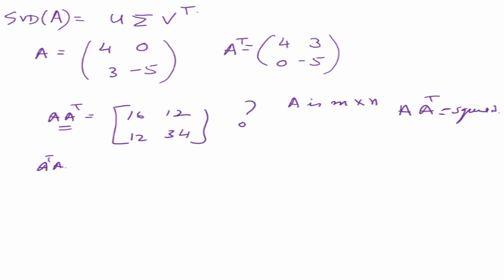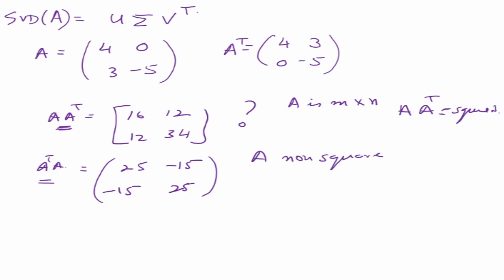A transpose A is equal to 25, minus 15, minus 15 and 25. So we are basically doing this operation and this operation to convert a non-square matrix to a square matrix.